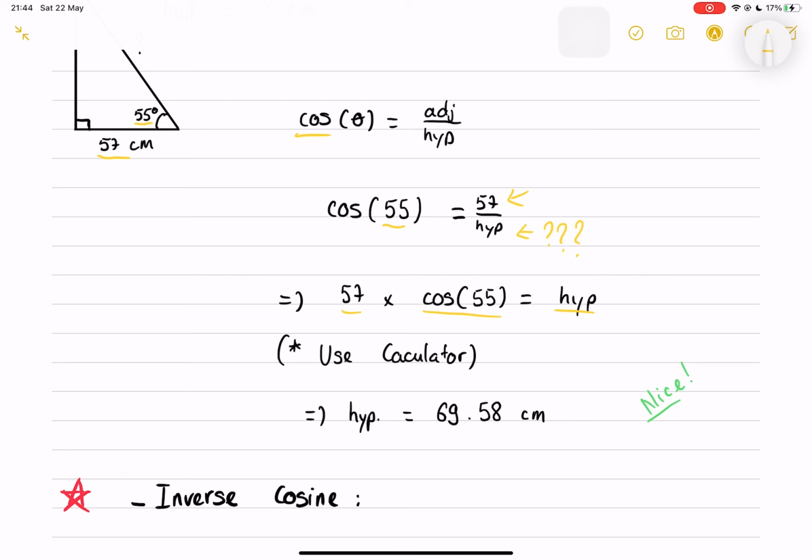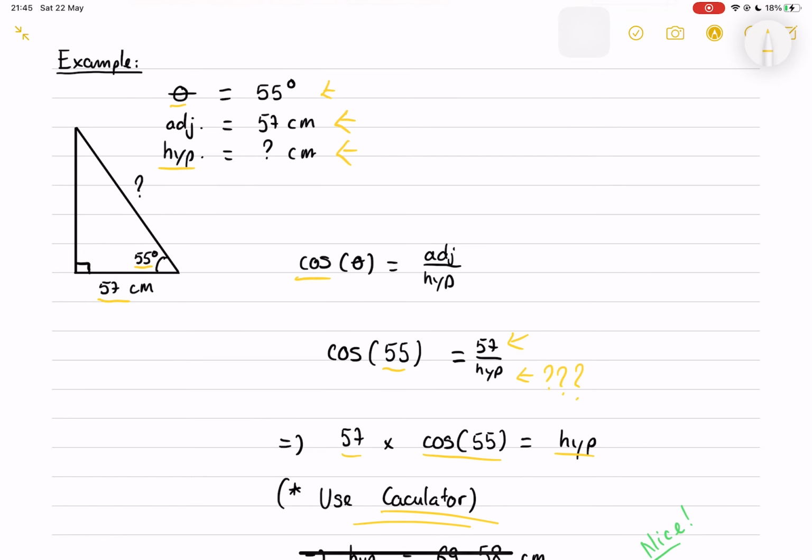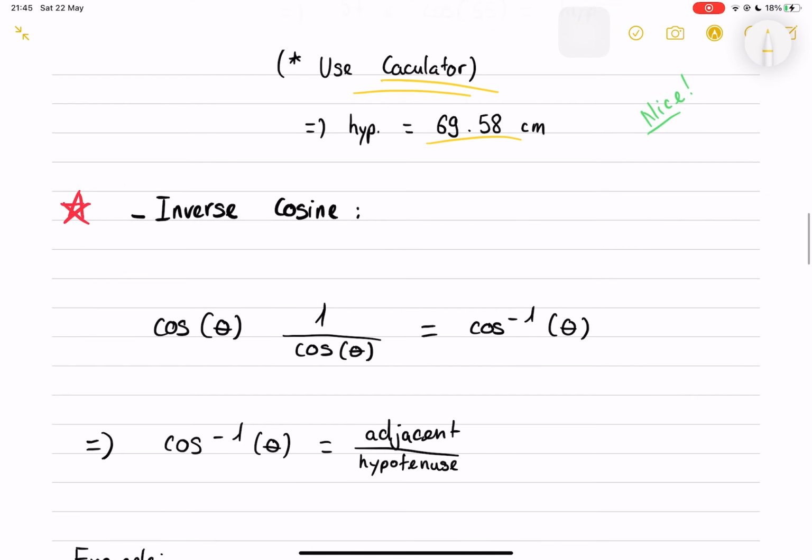Well, I'm not a genius, so I use a calculator. I don't know if anyone can calculate it in their mind. If we plug the numbers into our calculator, kinda easy though, we get 69.58 centimeters. Easy to understand, right?